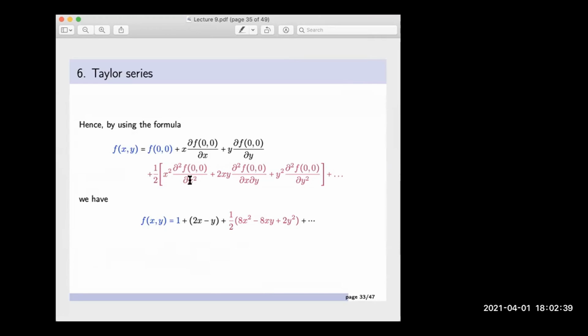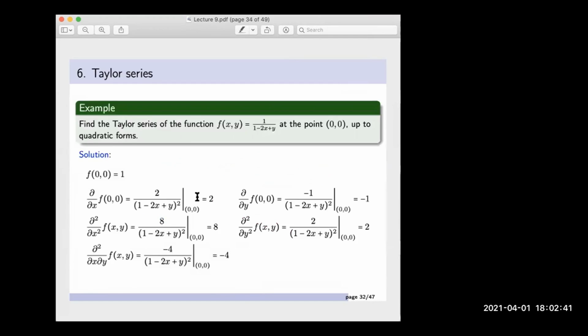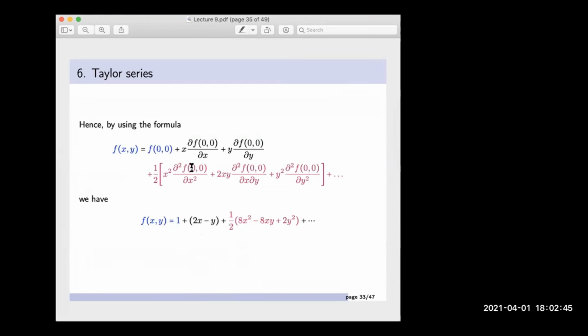And if you look at the second order partials, they are 8 and 4. So this is 8 divided by 2. This is 8, this is 2. This is -4, and -4 times 2 is -8, right? So you approximated this function by a quadratic polynomial of x and y.